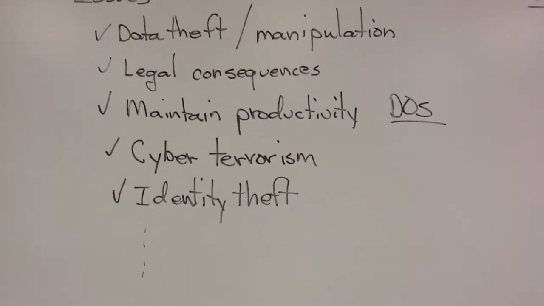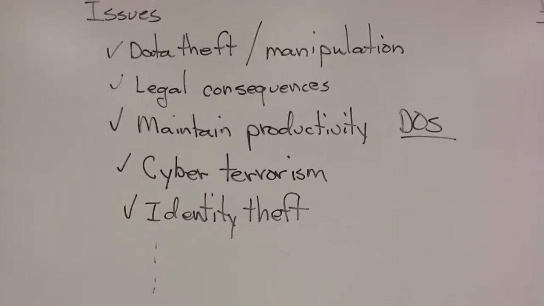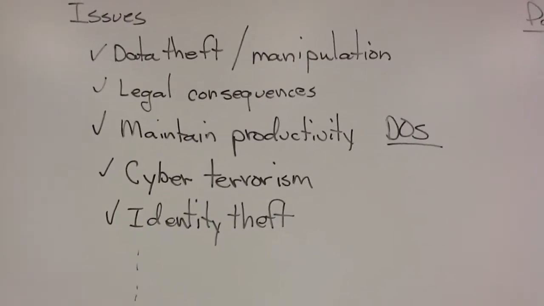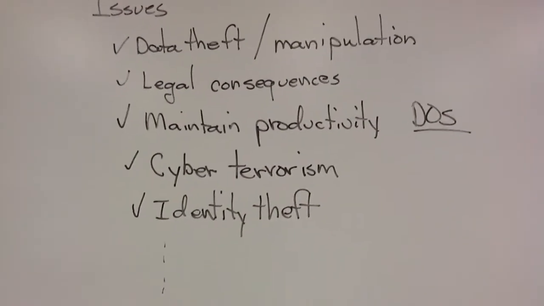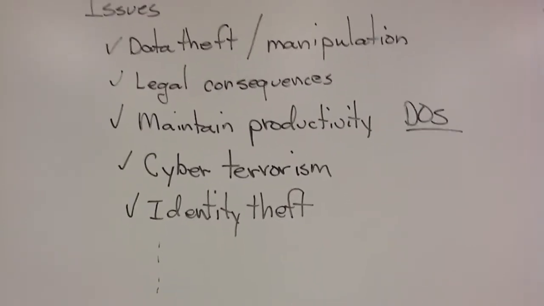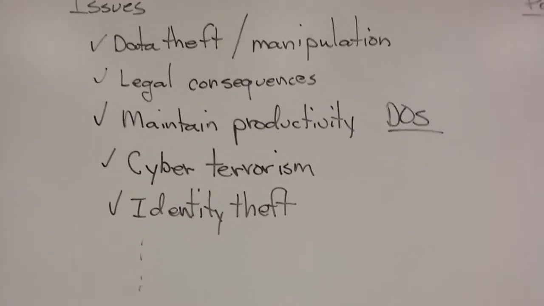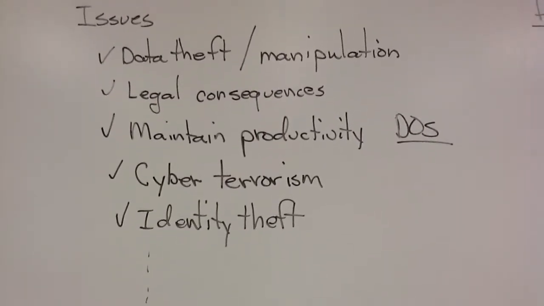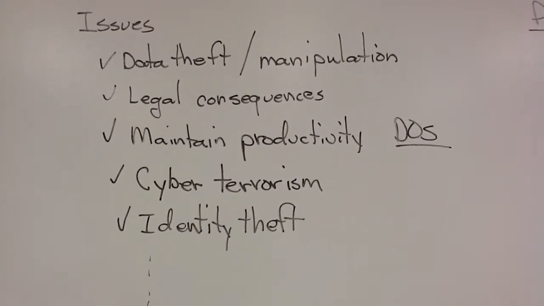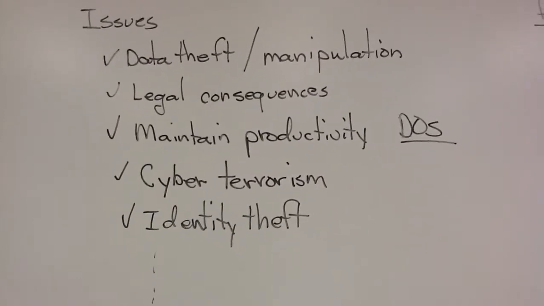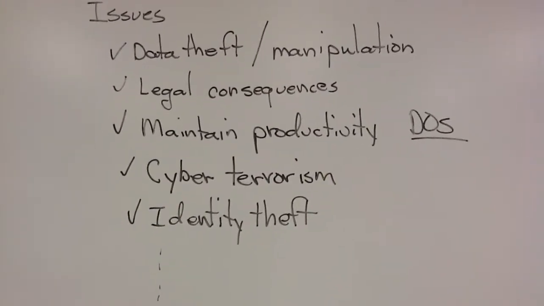We used the example, close down the power grid so we don't have power. If we were out of power for, let's say, 20 days, 30 days, that could create terror within parts of our country, or all of it, depending on how widespread it was. Identity theft, people steal your identity and then use your identity to open up credit somewhere else so you don't know that's actually happening.